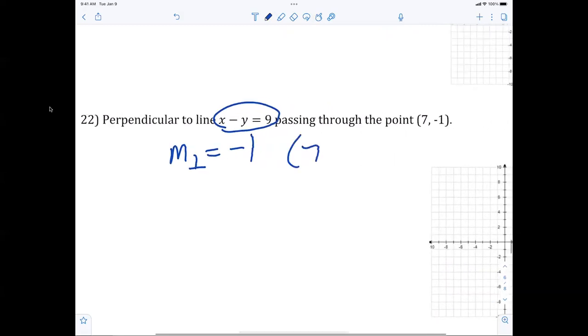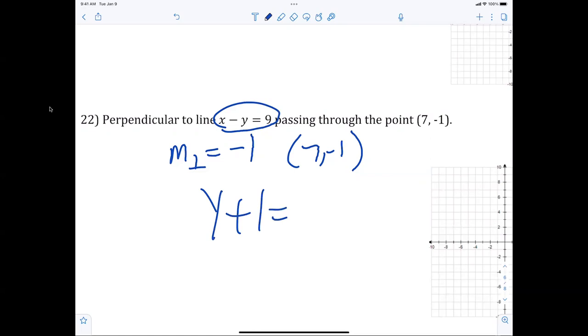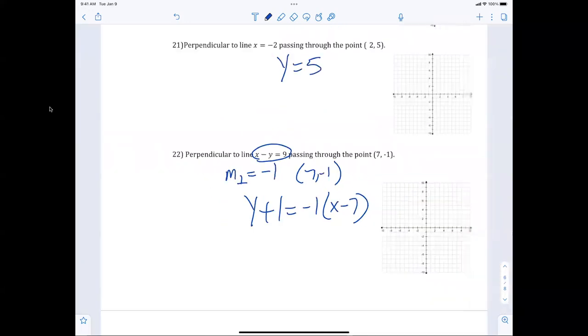All right. 7, -1. Next. My equation is what then? Negative 1 times x minus 7. Yes.